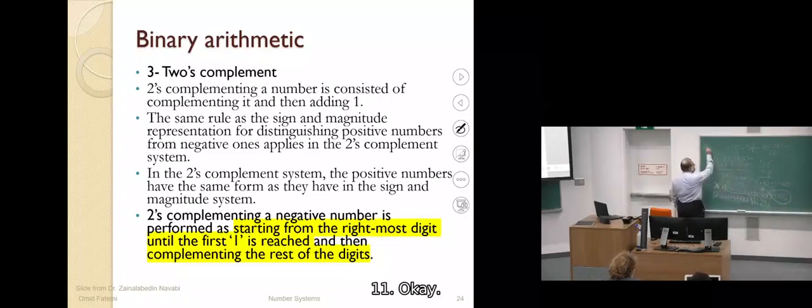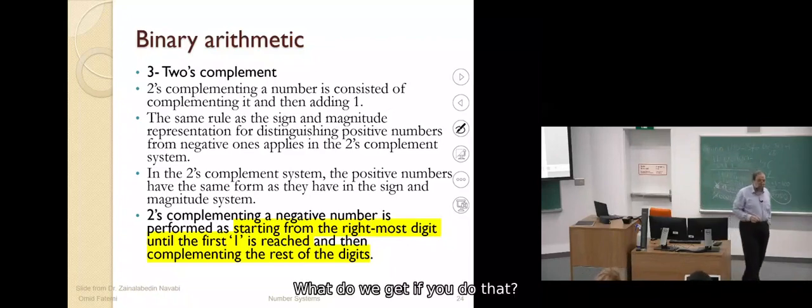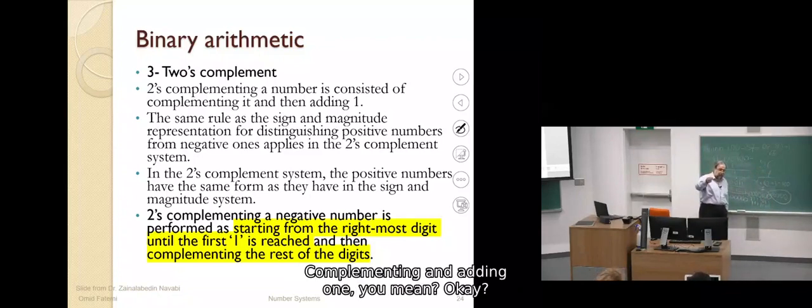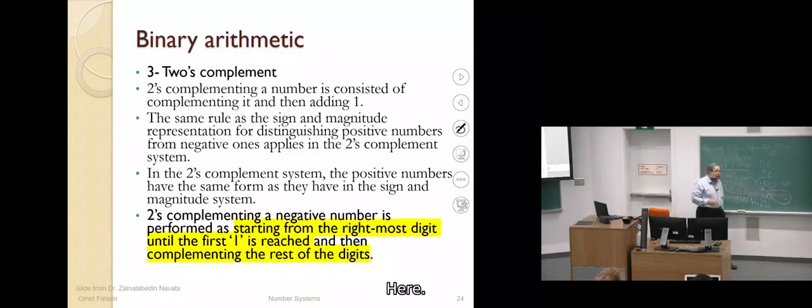Yes, please. Please louder. Okay. So what's the question? Like with that, if you're negating it and then adding 1, I'm just curious what you get at the bottom if you do that. Complementing and adding 1, you mean? Yeah. Okay. Do you want to come here and show me?